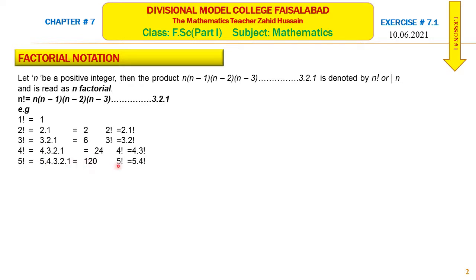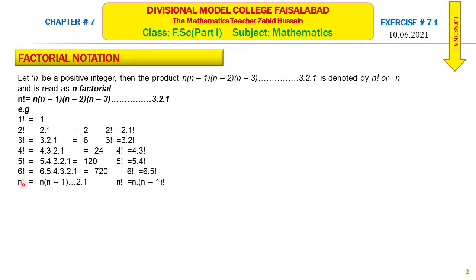This is equal to 120, or you can write 5 factorial is equal to 5 multiplied by 4 factorial, or 5 multiplied by 4 multiplied by 3 factorial, or 5 multiplied by 4 multiplied by 3 multiplied by 2 factorial. You can stop at any number, but you will have to write the factorial sign with that number. Similarly, 6 factorial is 720.